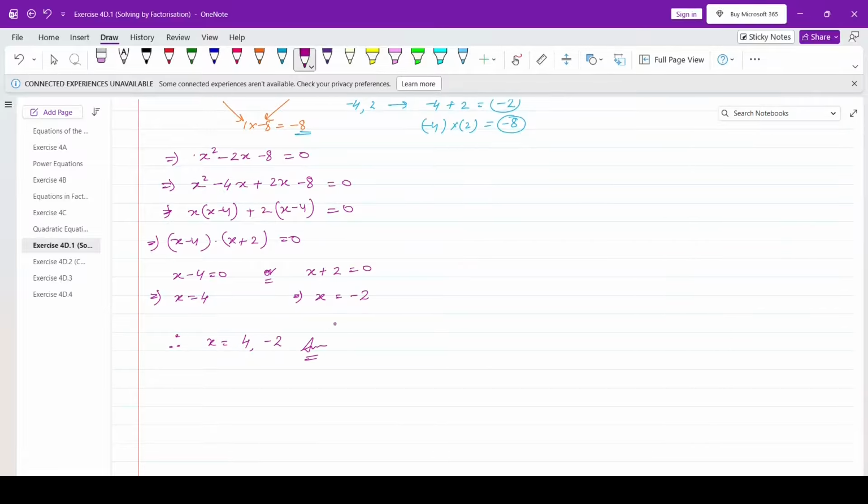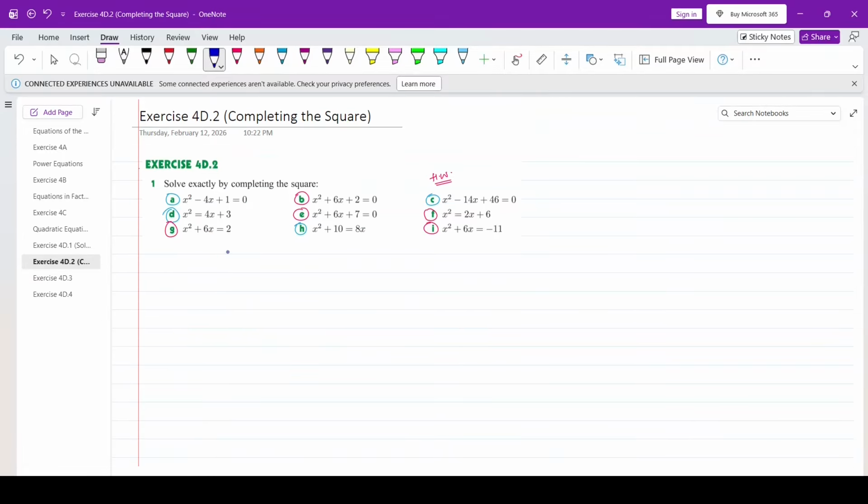This is the solution. Let's go to exercise 4D.2. Exercise 4D.2. So we'll solve the ones in the blue color and the red ones are for you to do on your own.